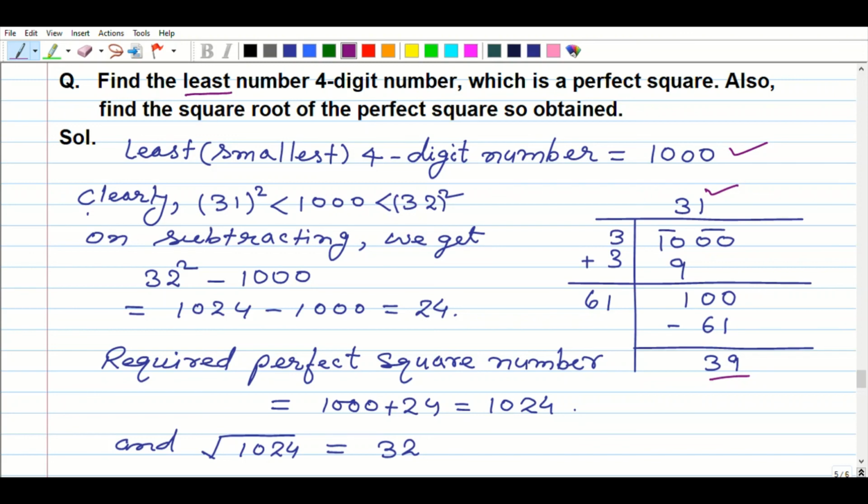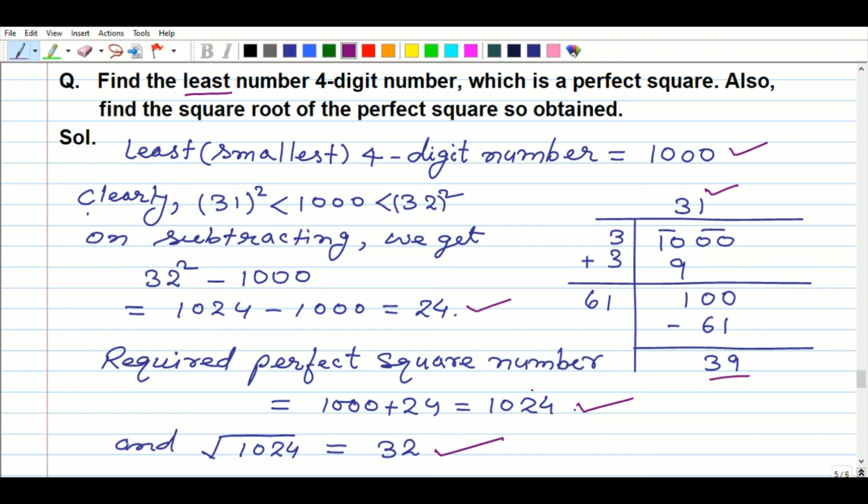So we will subtract 1000, that is the 4-digit number, from the next square number, that is 32 square. So we write 32 square minus 1000, we get 24. Right? Required perfect square number, we add 24 to the number, we get 1024. That is, the square root of 1024 is 32.